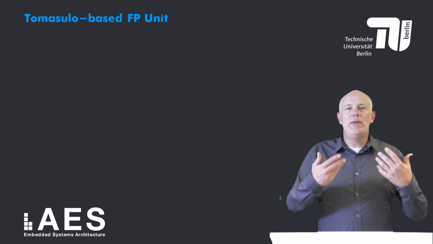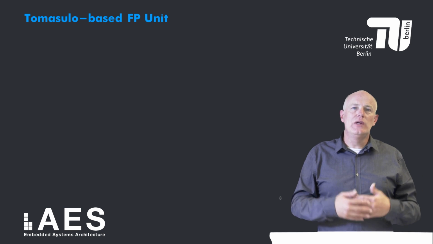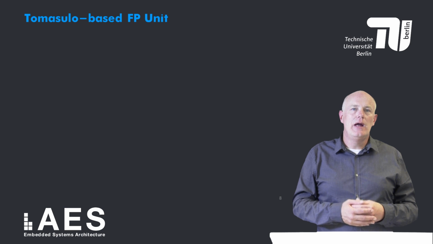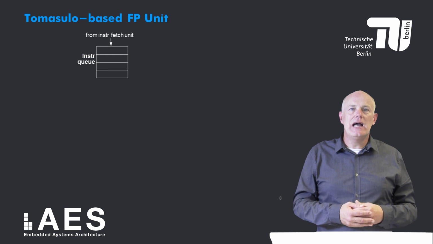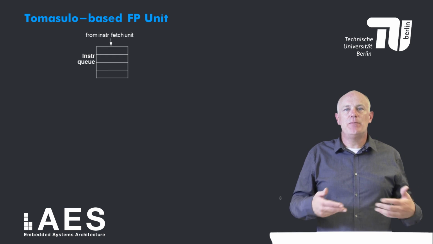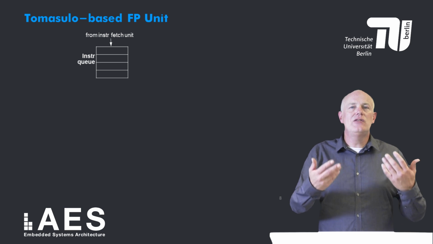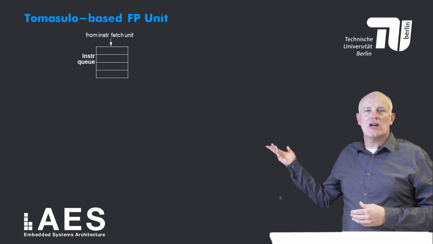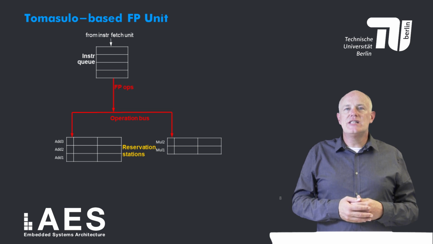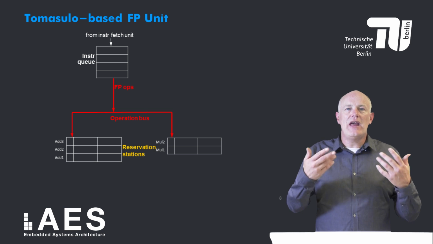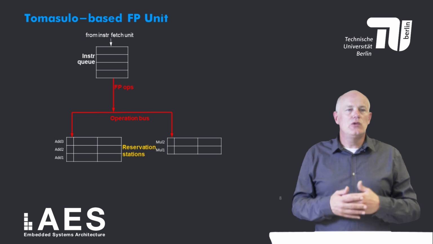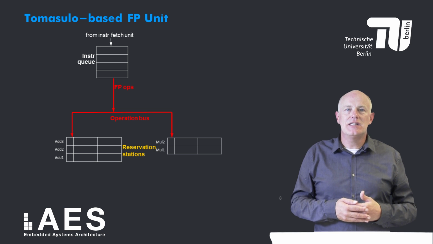Now I will draw the basic structure of a floating point unit based on Tomasulo's algorithm. As explained on the previous slide, first the instruction is fetched by the instruction fetch unit into a FIFO queue of pending instructions. Then, in the second phase, the instruction at the head of the queue is issued to a matching reservation station.